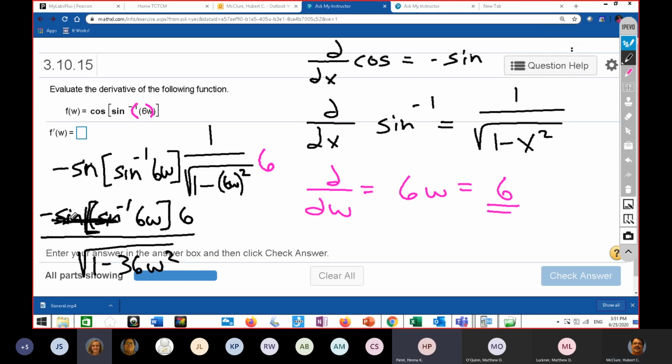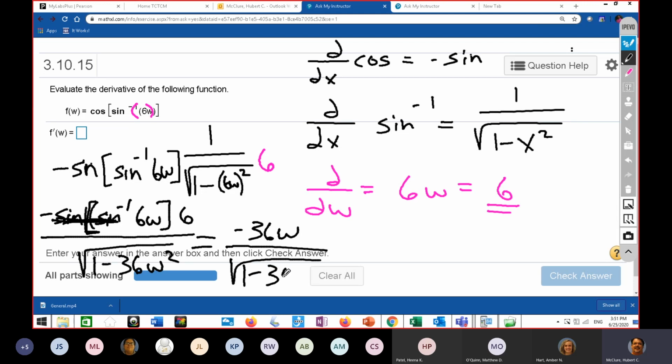I'm not going to write in red. All right, so that's going to leave negative 36w over the square root of 1 minus 36w squared.